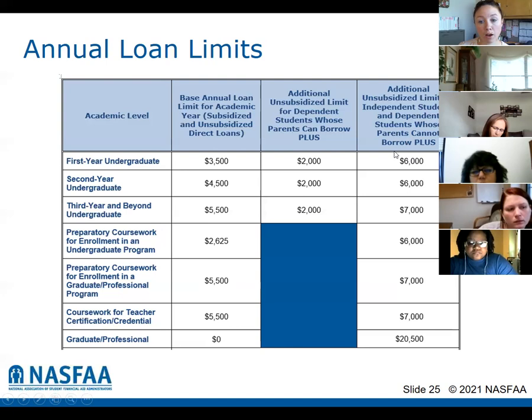This is also the amount that you get extra if your parent is not approved for Parent Plus in that academic year.